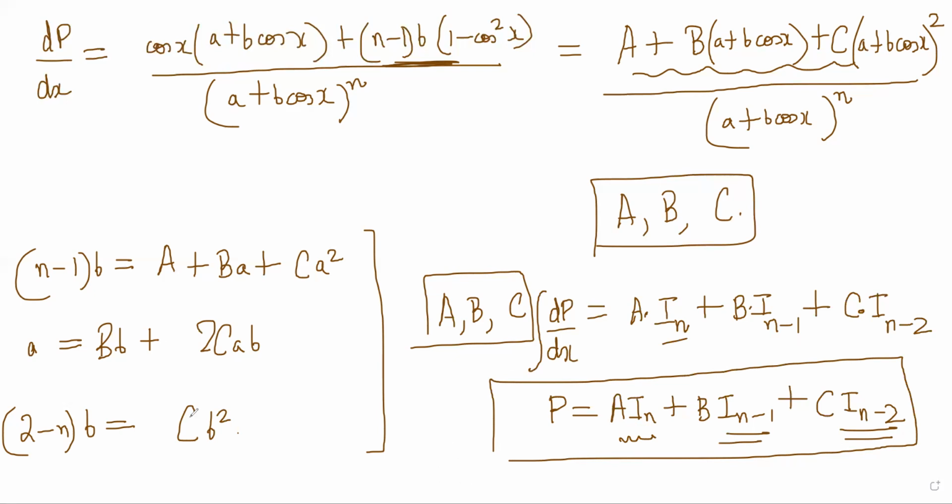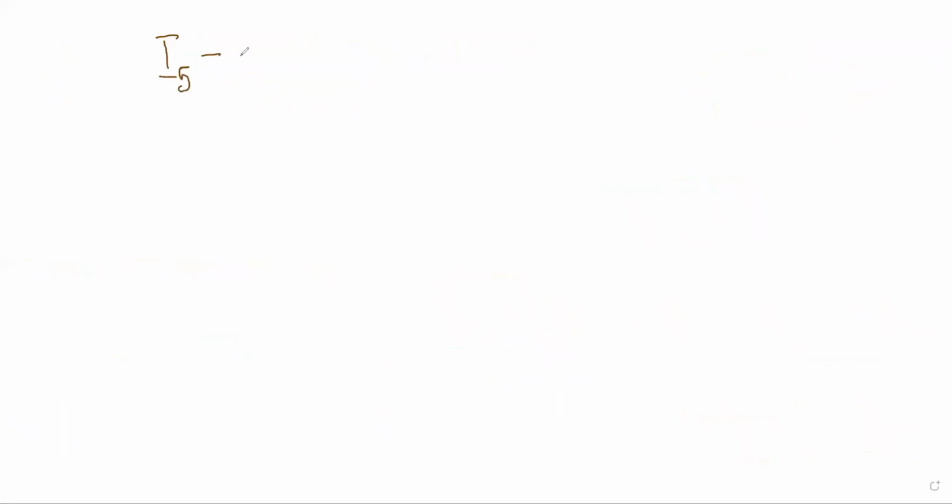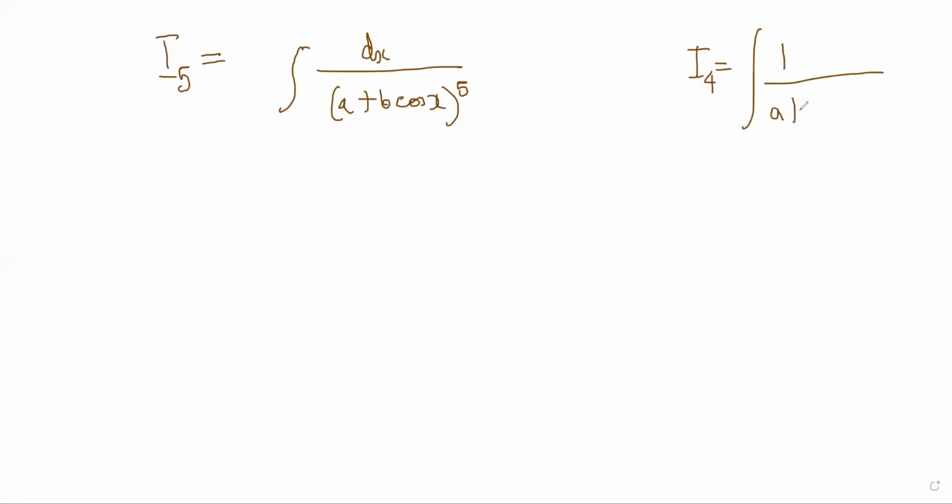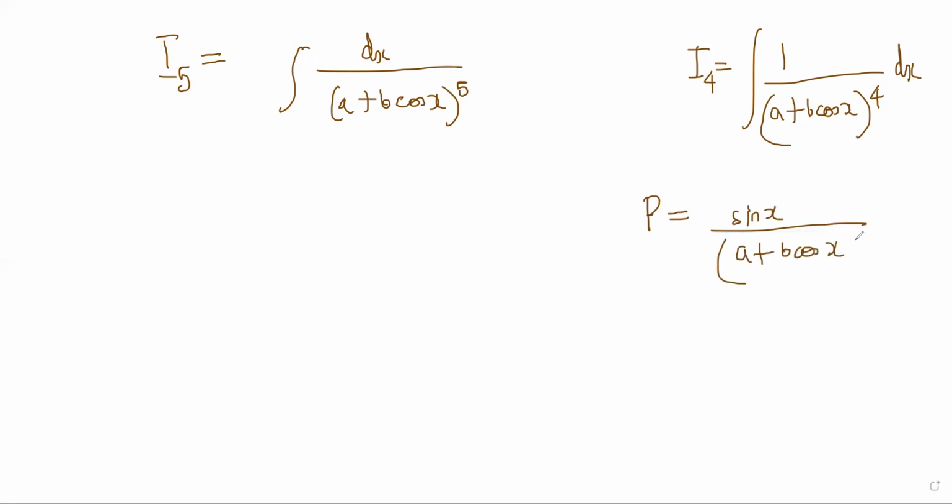So this is a special trick where whenever you have say I5, integral of dx by a plus b cos x whole power 5, what will I do? I will say I4 was what? Integral of dx by a plus b cos x whole power 4. And I will define the p to be sin x by a plus b cos x whole power 4. And I will do dp by dx.